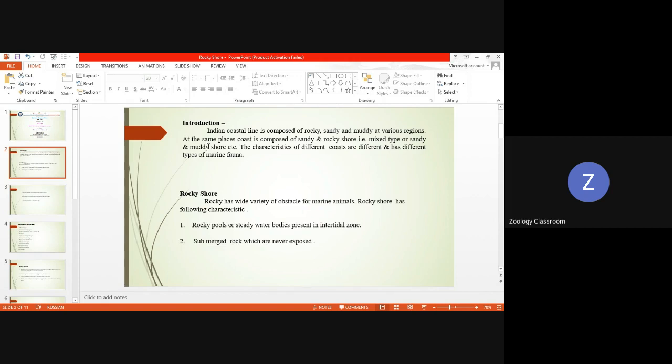So the second characteristic here is submerged rocks which are never exposed. Means they are completely under water, below the level of the eulittoral or intertidal zone, in the subtidal sublittoral zone of the benthic habitat. We have studied pelagic as well as benthic zonations while studying the marine habitat.